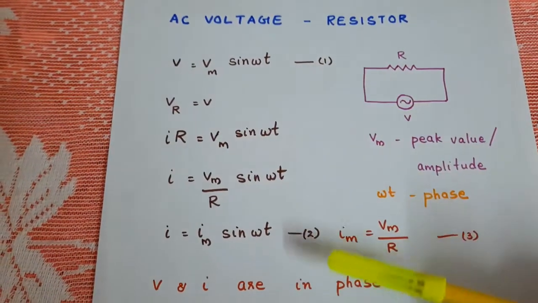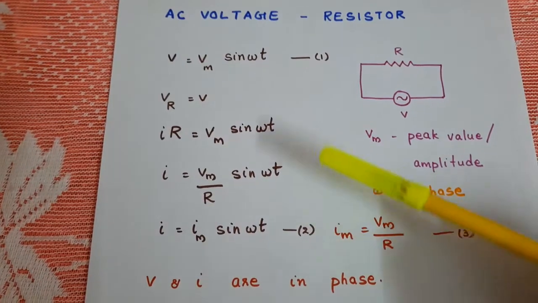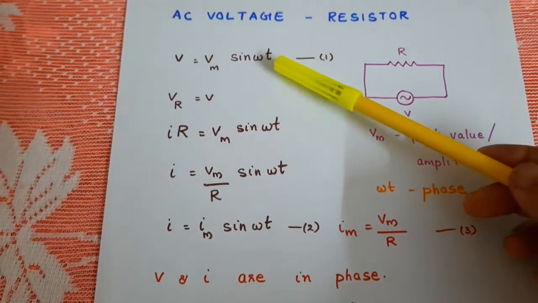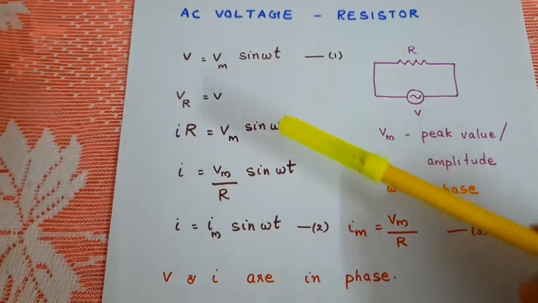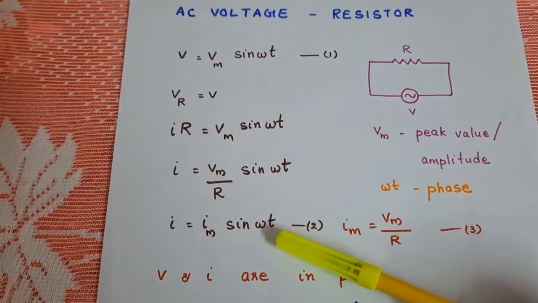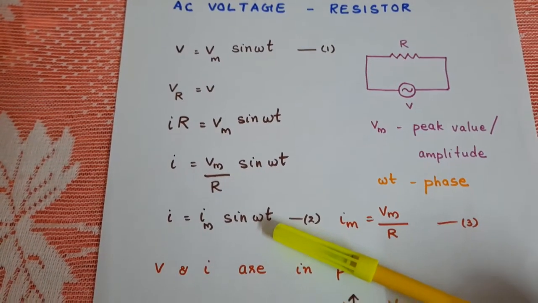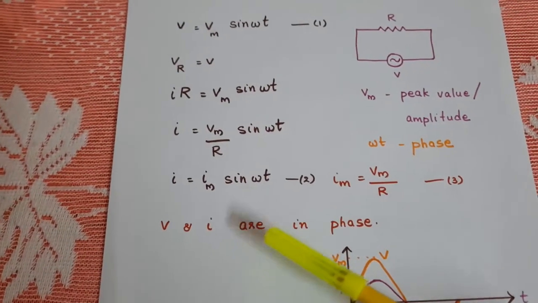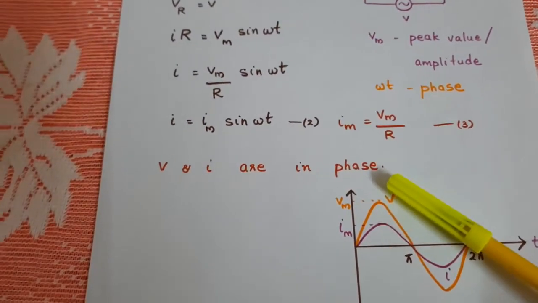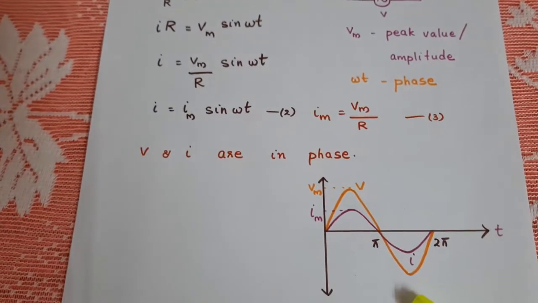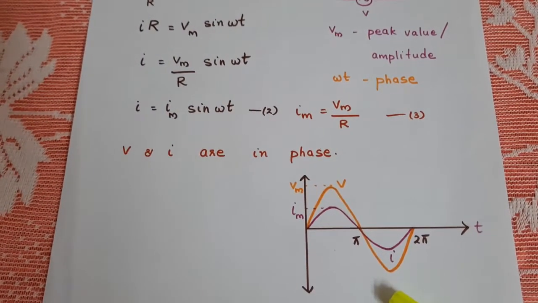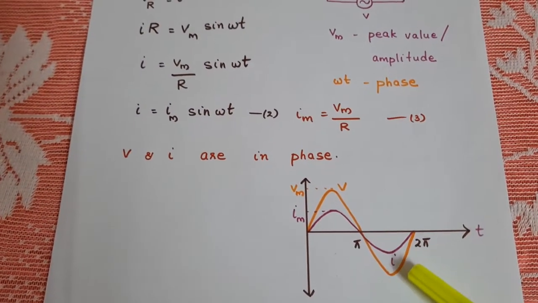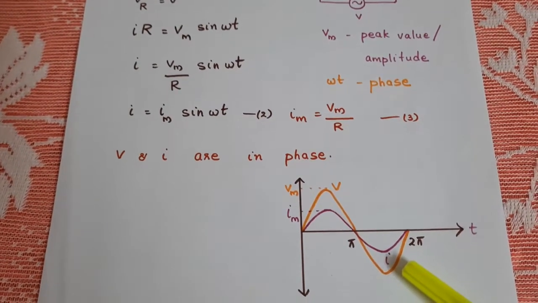Comparing equations 1 and 2, it is clear that the phase values of voltage and current are the same. So we can say V and I are in phase. So let us represent voltage and current graphically.